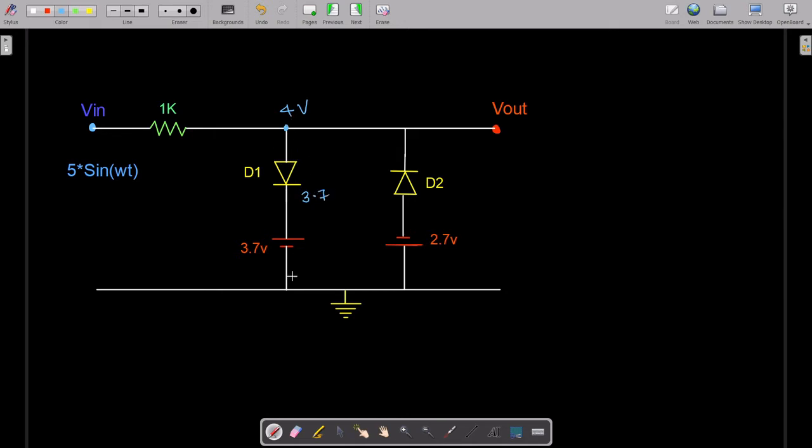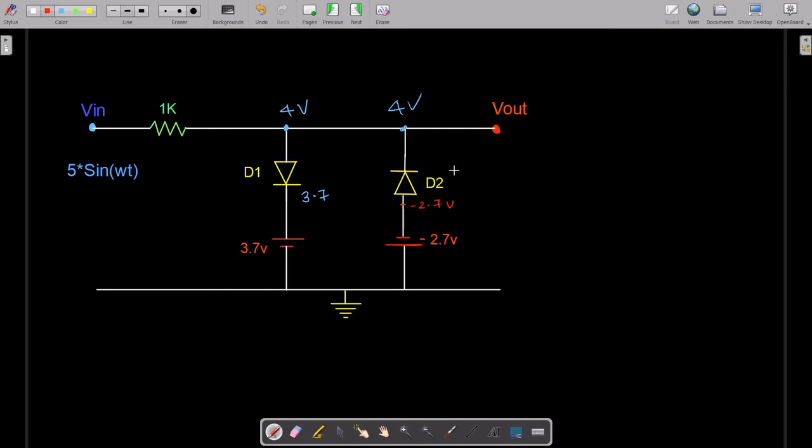Obviously this particular diode will get switched on, okay. That means it will act as a closed switch. And talking about here, this 4 volts will come, and this 4 volts is connected to the N type of the diode, and here we are providing minus 2.7 volts, okay.